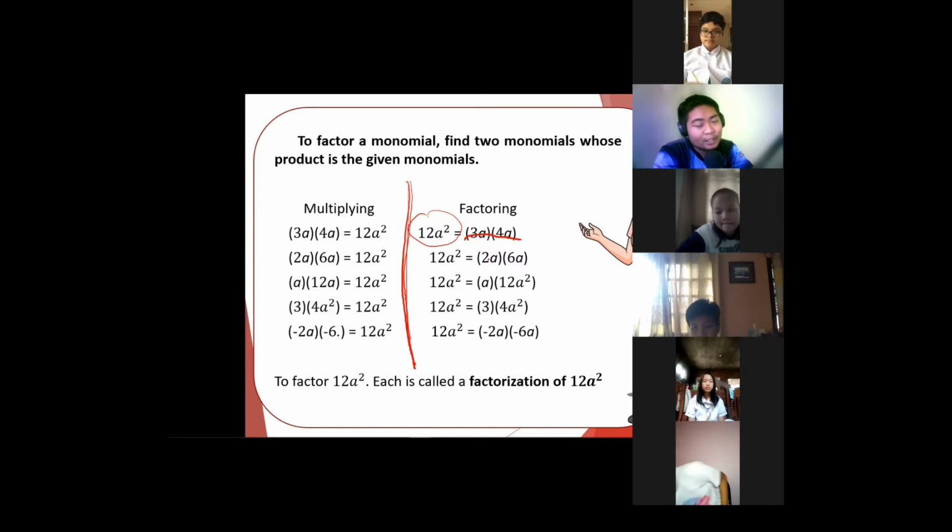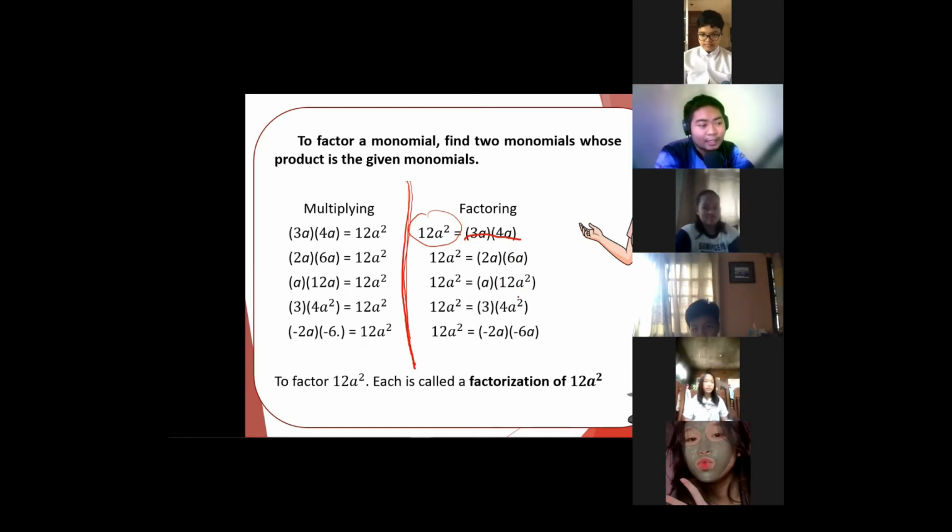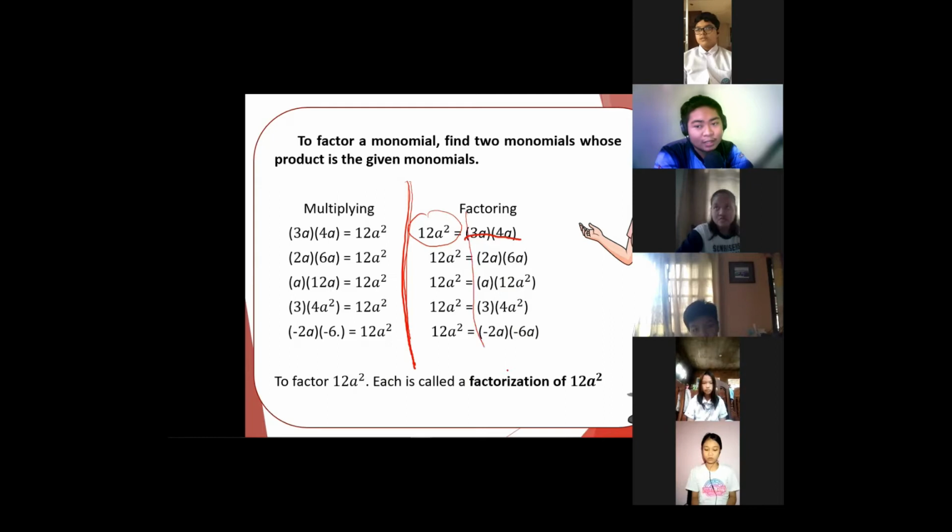It can also be 2A times 6A, A times 12A, 3 times 4A squared, and negative 2A times negative 6A. These are the factors. Each is called a factorization of 12A squared. All of these are possible factors of 12A squared.